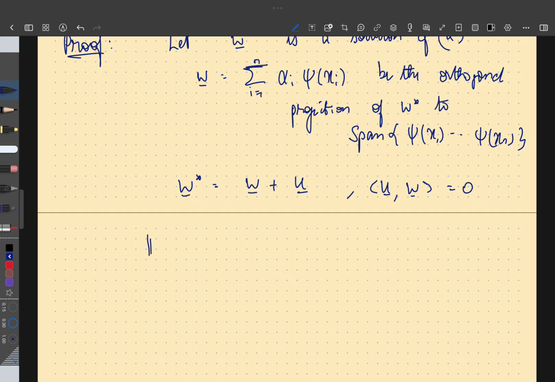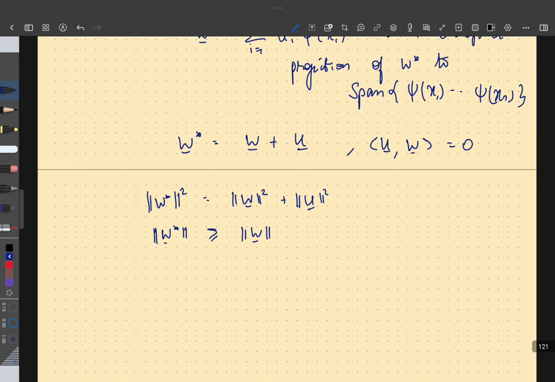Now what can you say about the norm of W star squared? It is equal to the norm of W squared plus the norm of u squared. So the norm of W star must be greater than or equal to the norm of W.